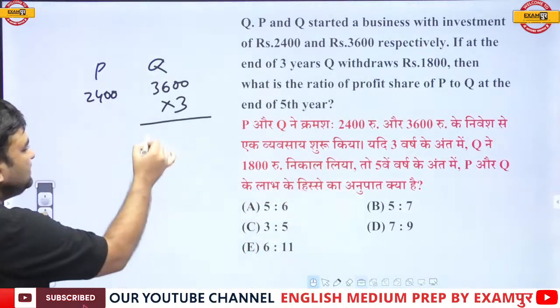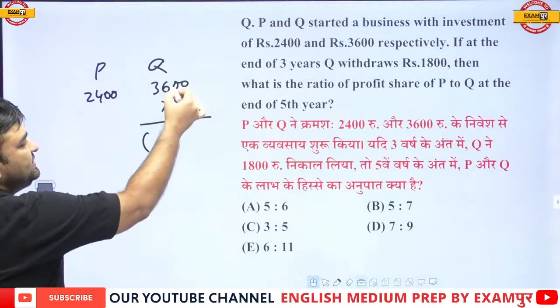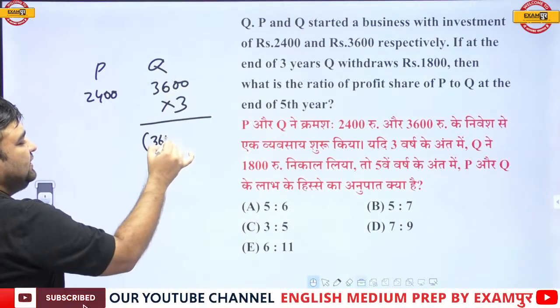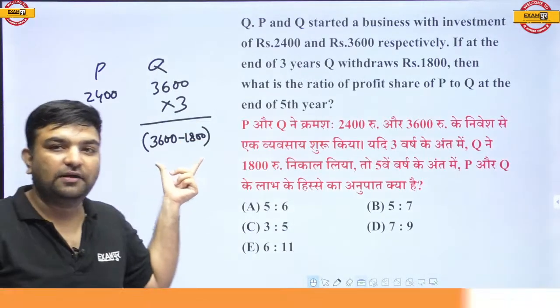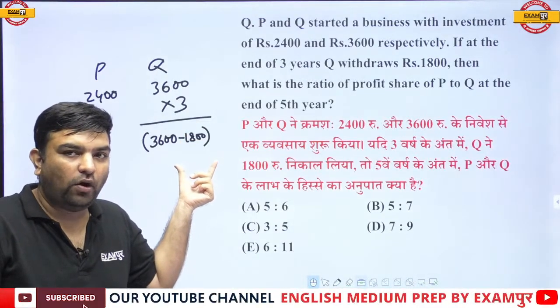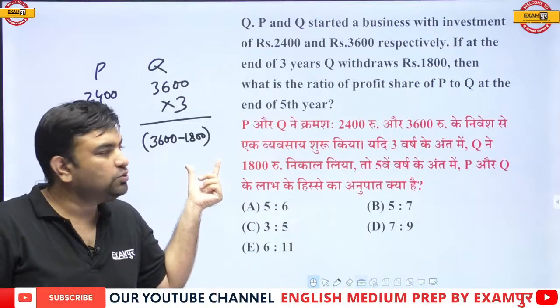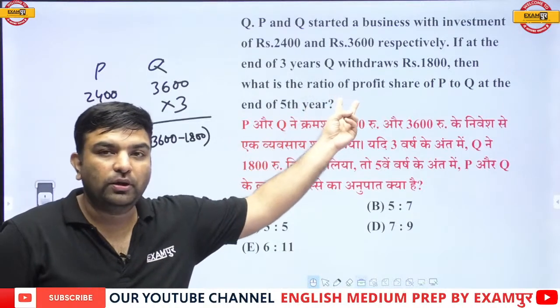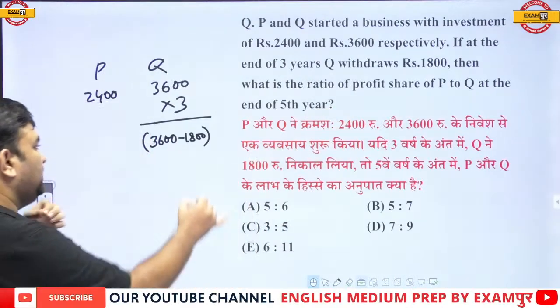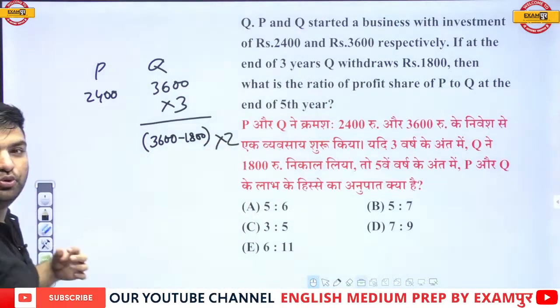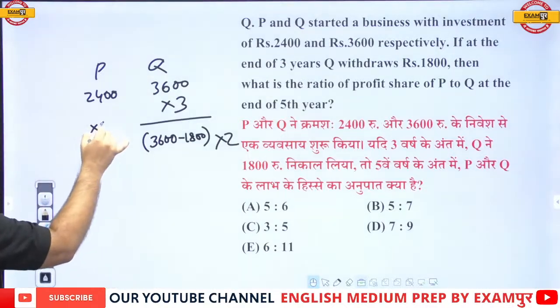So how much remains? 3600 minus 1800, that is again 1800 investment left. And this investment is going to run for the next 2 years because he is calculating the profit after 5 years. So this investment will run for the next 2 years, and this for a total of 5 years.